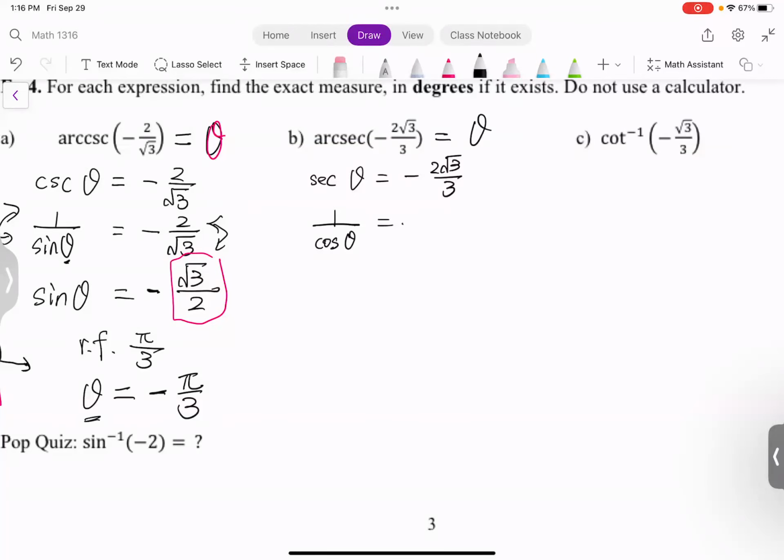Now I need to flip both sides because I need to solve for the theta in the cosine, and at the bottom I cannot solve it. So I have cosine theta equals negative 3 over 2 square root of 3.